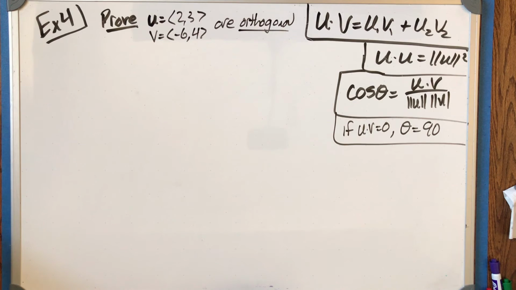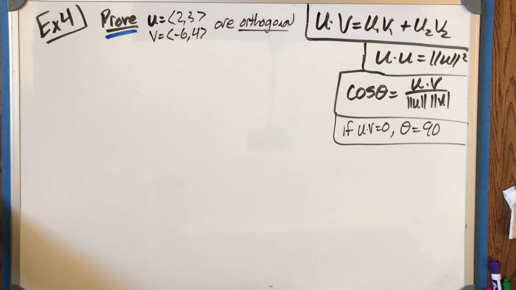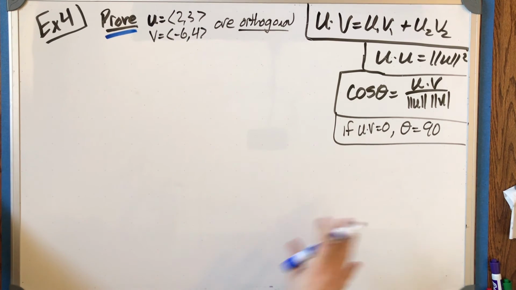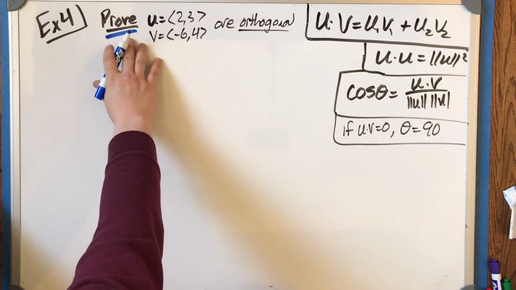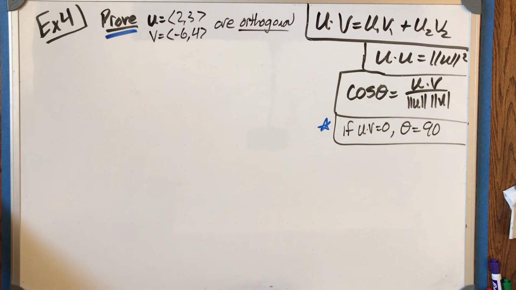For example 4, we've been asked to prove that vector u, which equals 2, 3, and vector v, which equals negative 6, 4, are orthogonal. Now, because they've asked us to prove it, we actually have to do a little bit more work. If they just wanted us to decide whether it was or not, we could do something different, and I'll show you that at the end. But basically, if I'm trying to prove that they're orthogonal, I'm just going to use this property right here, which says if their dot product equals 0, then that automatically means that the angle in between has to be 90.